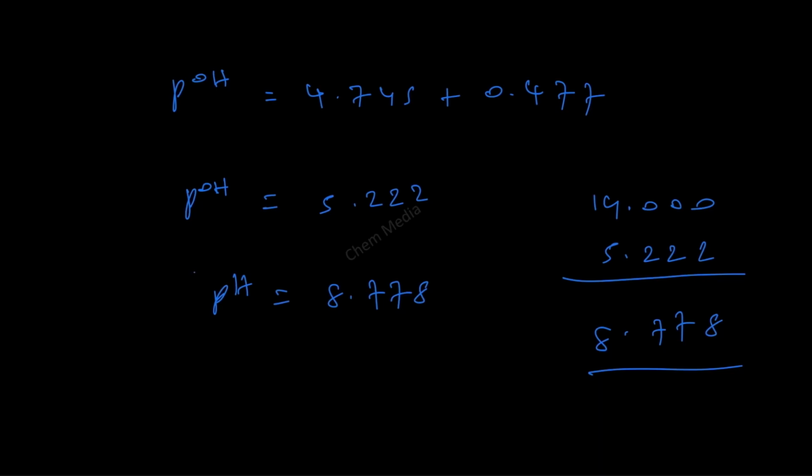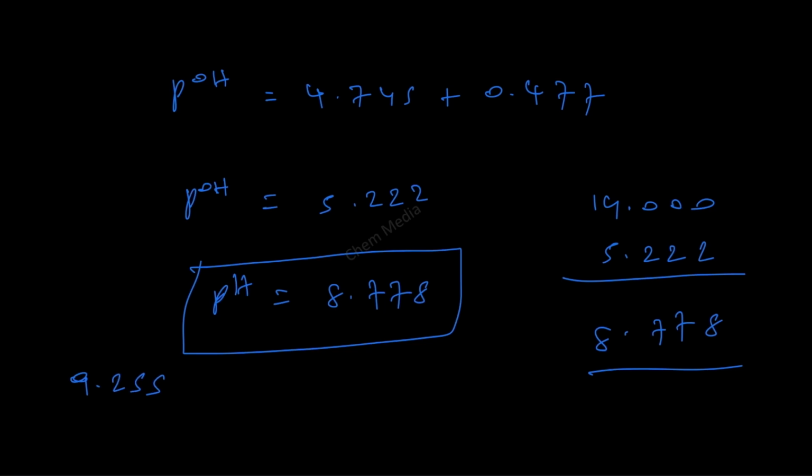So this is after adding HCl. The initial pH value that we determined was 9.255. After adding HCl, the pH value that we got is 8.778. So therefore the difference is 0.477.